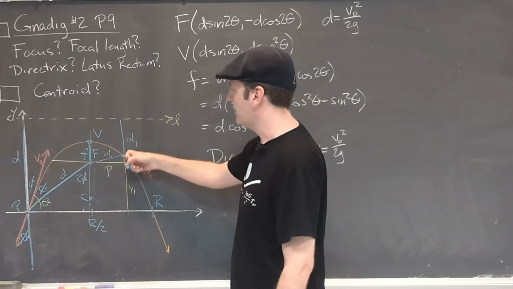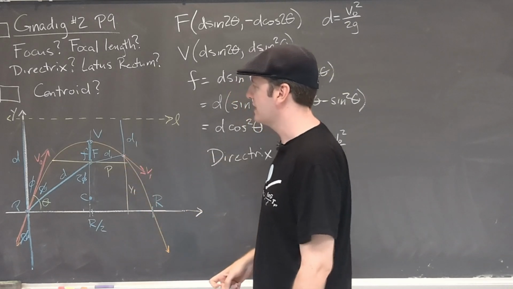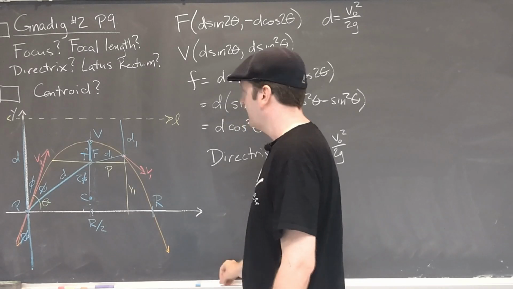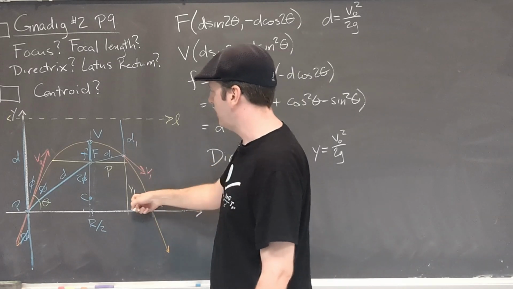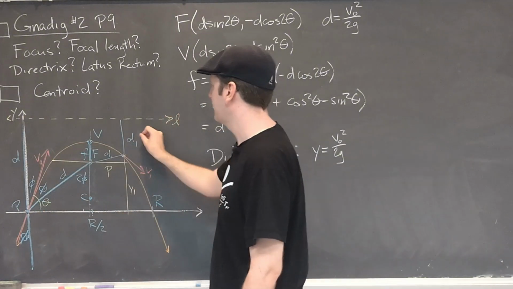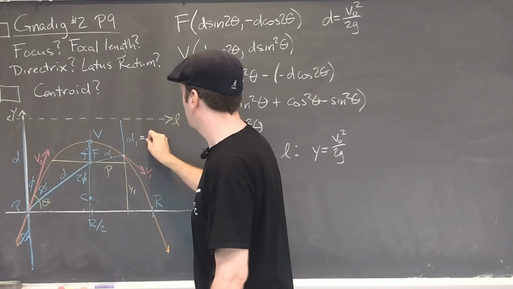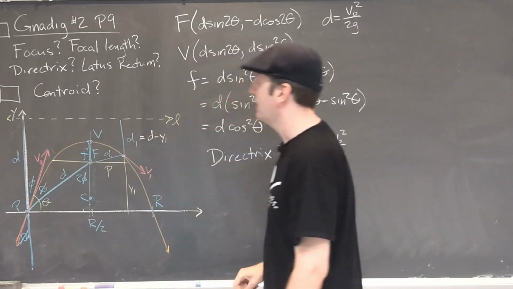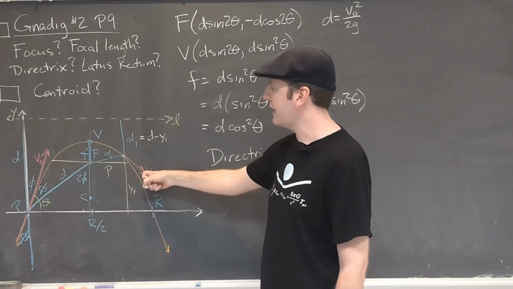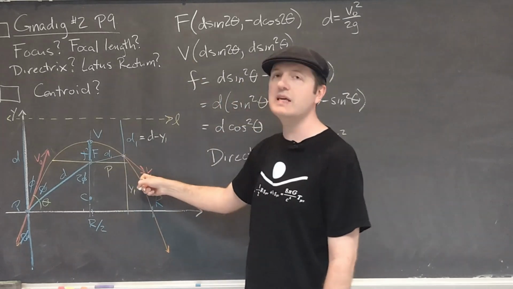Well, that means that we can calculate some of these distances in a couple different ways. On the one hand, we can easily see that this d1 plus this y1 is equal to the original d. And secondly, using the exact same setup that we did earlier, I can relate this d1 to v1.